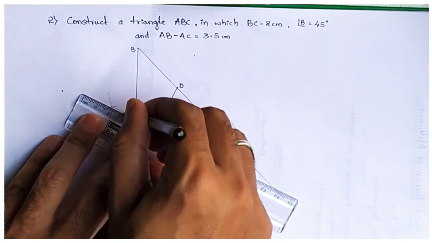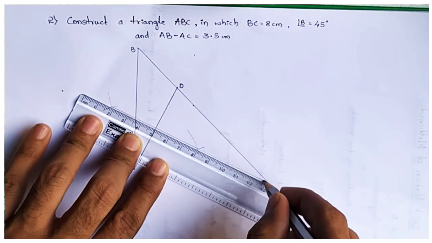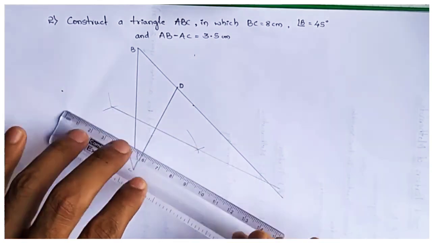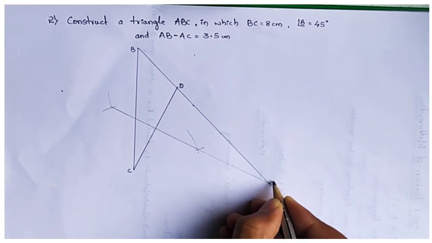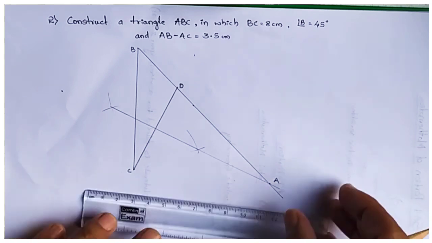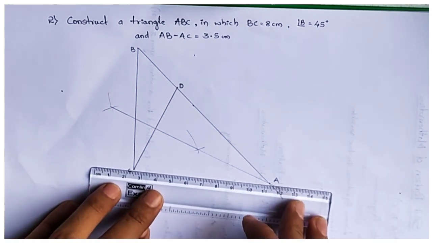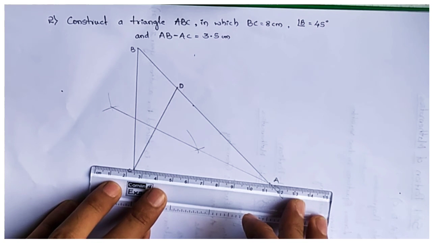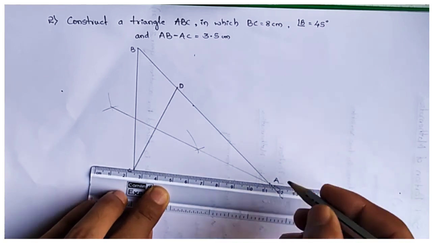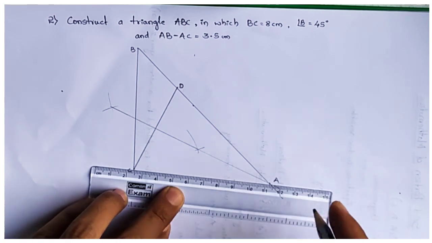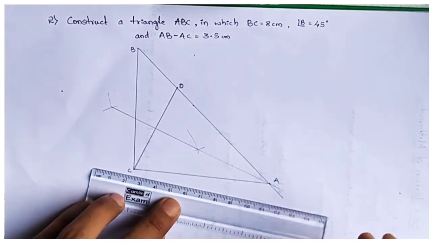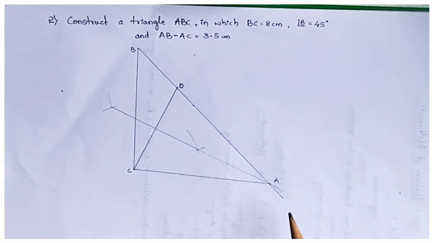But you have to extend this perpendicular bisector until it meets the BD extended line. So this is our point A. Now join that A to C. Now our triangle ABC is ready. You have to cross check now.